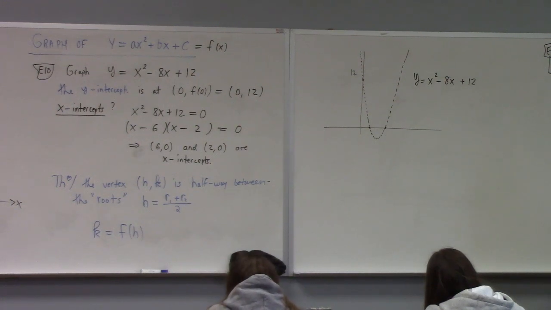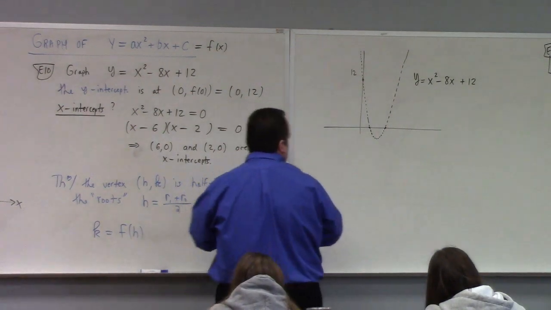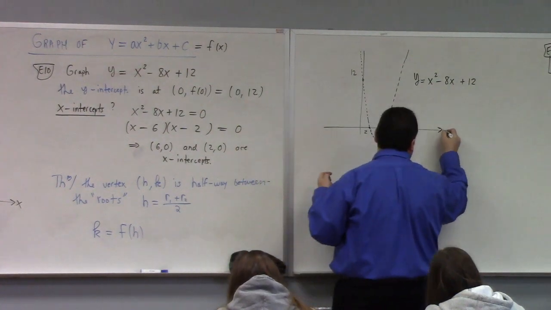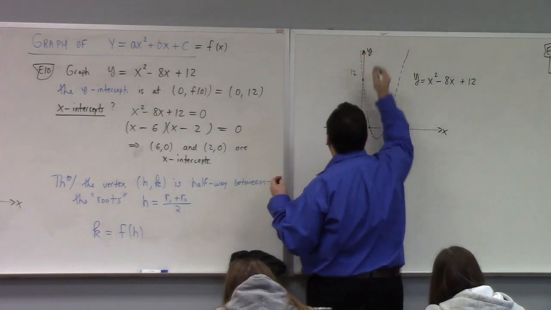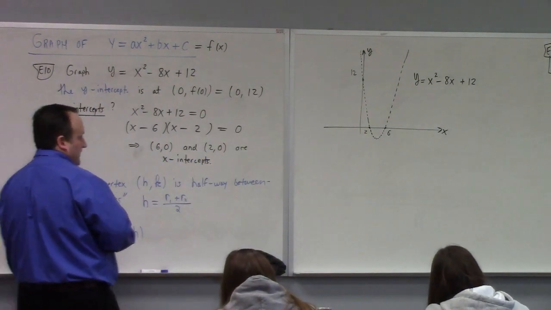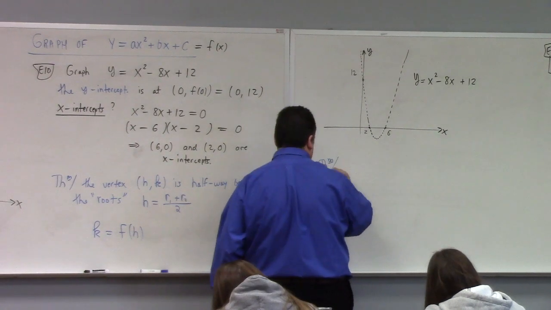Now, let me tell you another theorem. So this point is 2, this point is 6, and that, roughly speaking, folks, is the graph. Another theorem I should share with you is this.